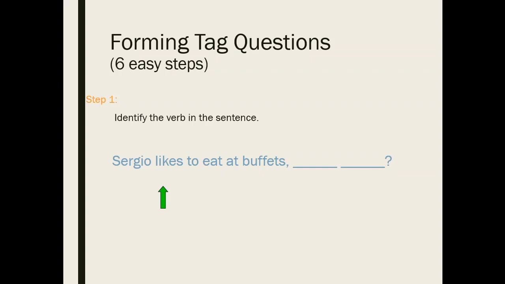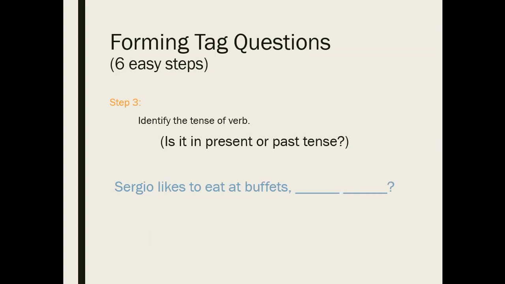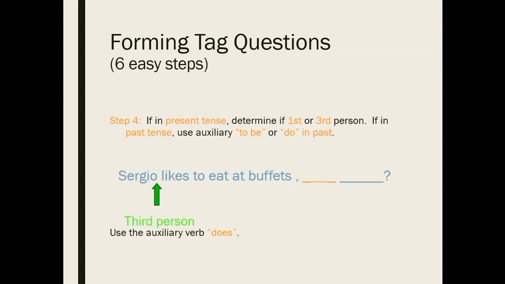Likes is the simple present tense. This is the verb. Look, Sergio likes to eat at buffets. Is the verb to be an auxiliary verb or the main verb? Yes, it's the main verb. Likes is the present tense.